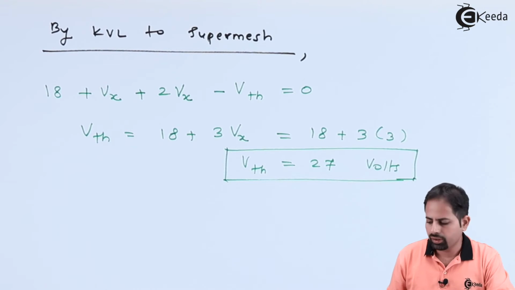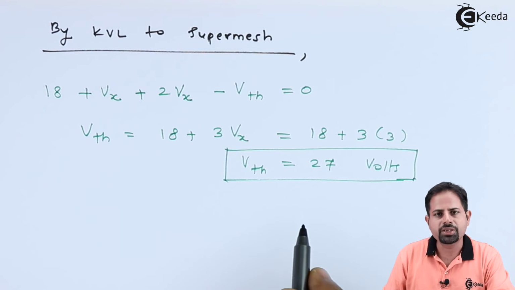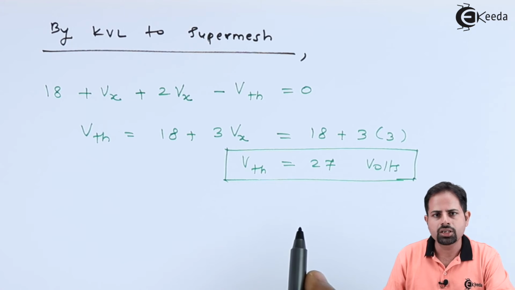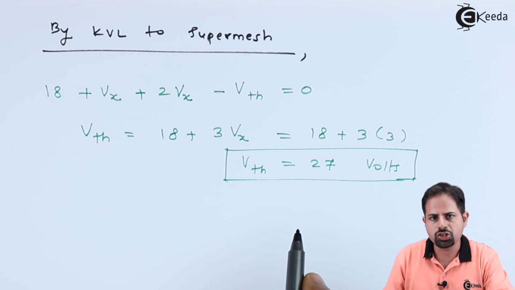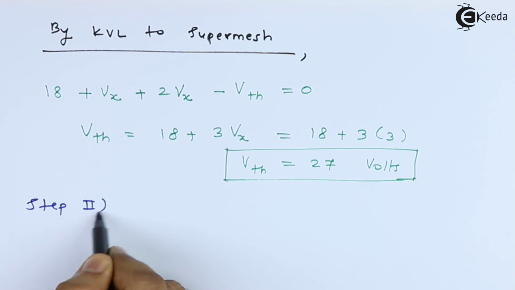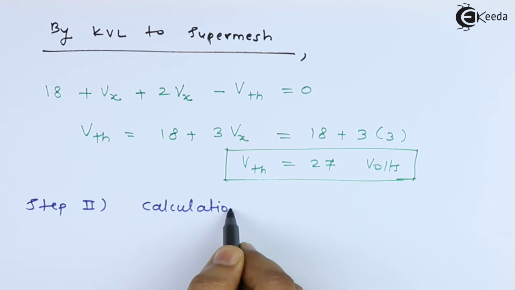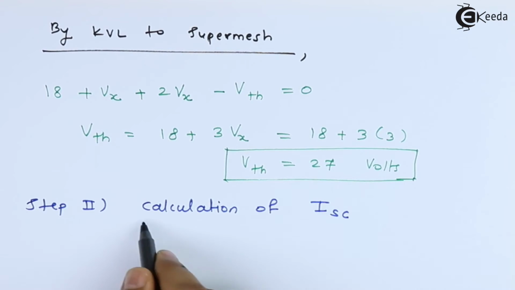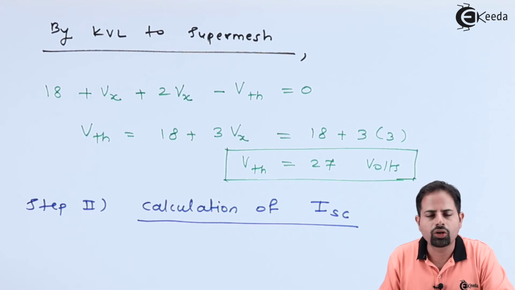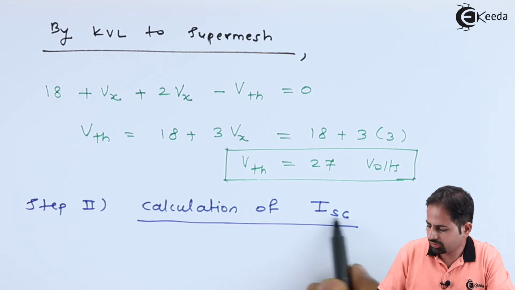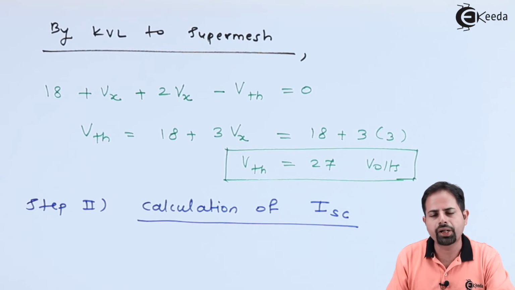Now let's move forward. After Vth, the second step is calculation of ISC, that means short circuit current through the given branch. And as we know, for calculation of ISC we have to short that particular branch.